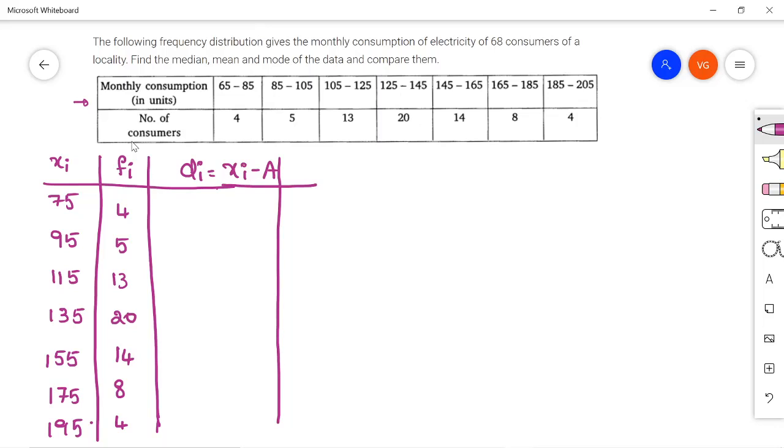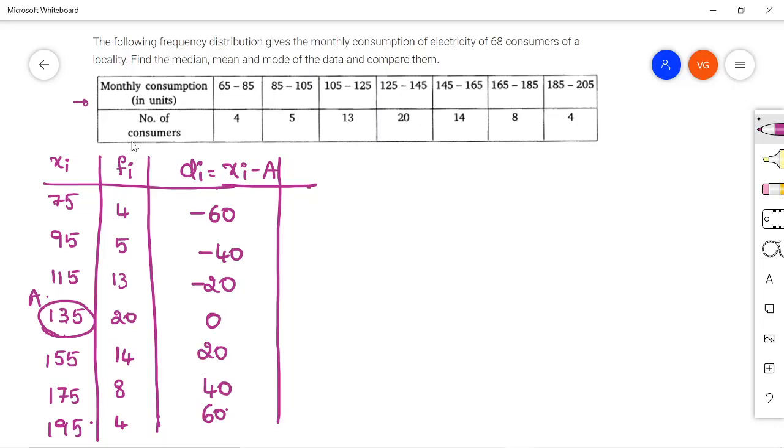Here out of 7, I am taking the middle value as the assumed mean, 135. So here it comes to 175 minus 135, so minus 60. Next 95 minus 135, minus 40, minus 20, 0, 20, 40, 60. Right.